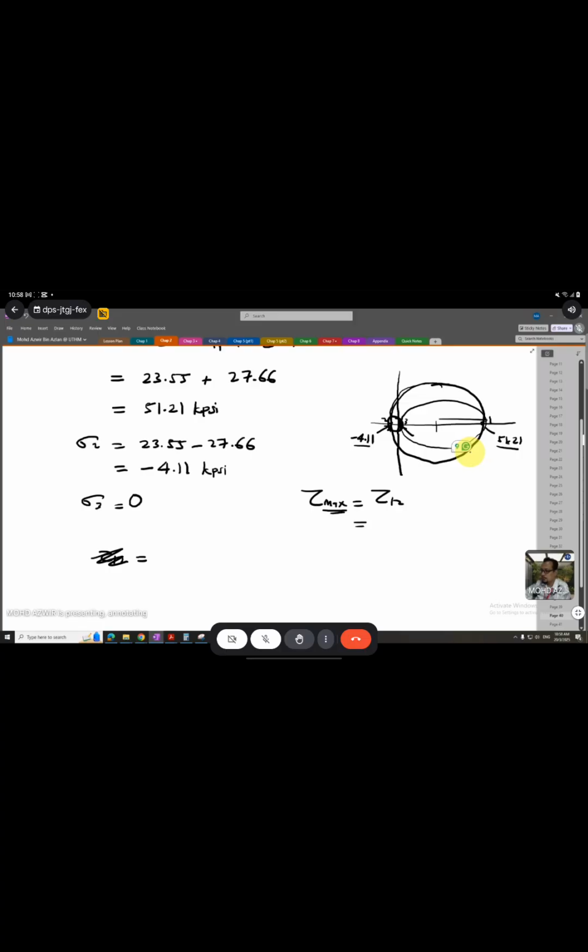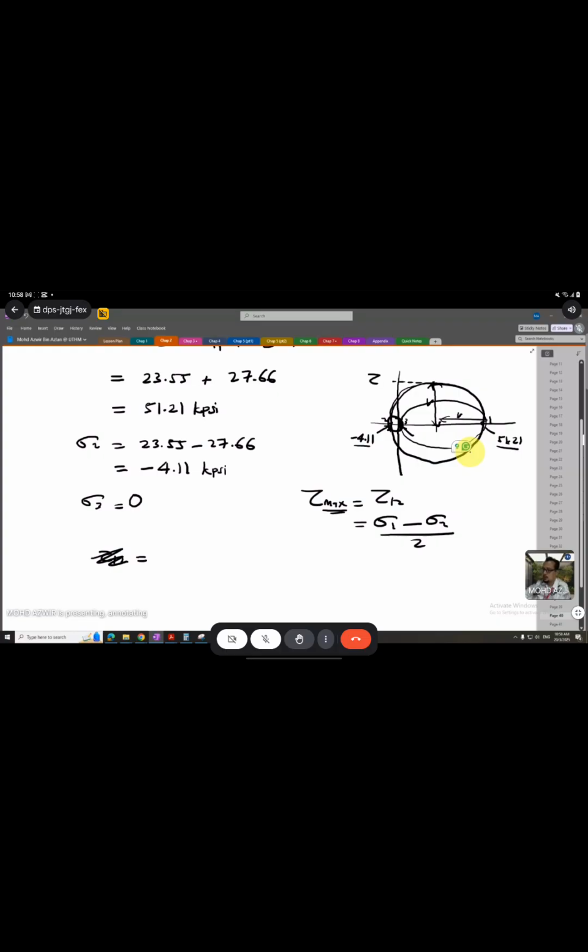This is the radius of the bigger circle. That's why for tau 12, you can simplify the equation to sigma 1 minus sigma 2 divided by 2. Sigma 1 minus sigma 2 is the diameter. Divide by 2, you get the radius.